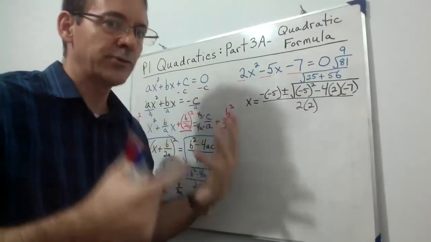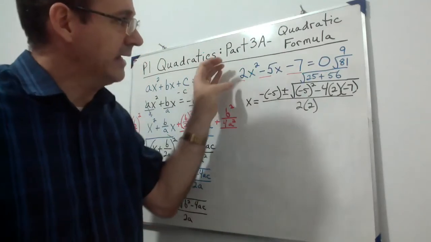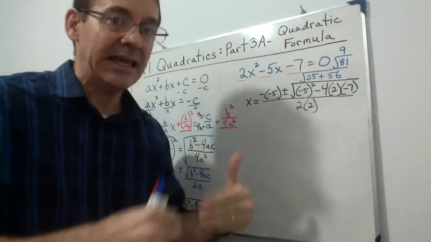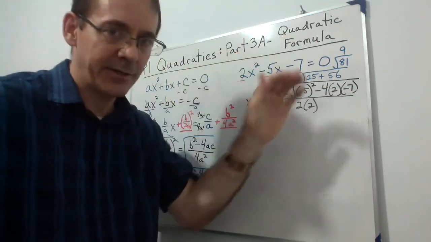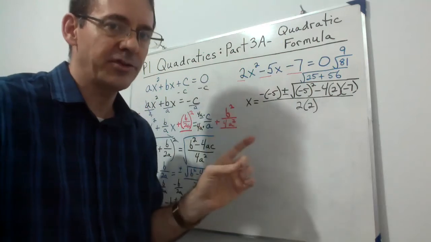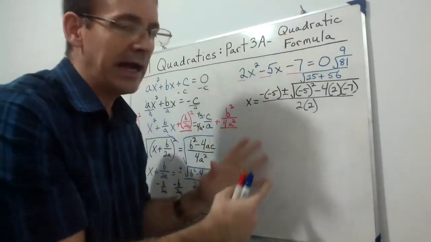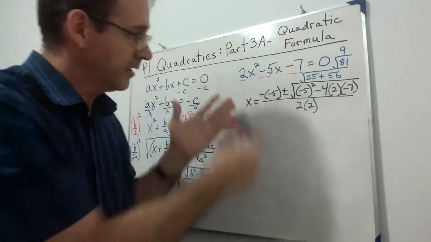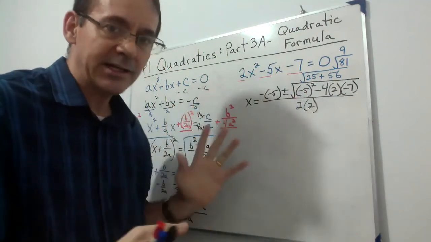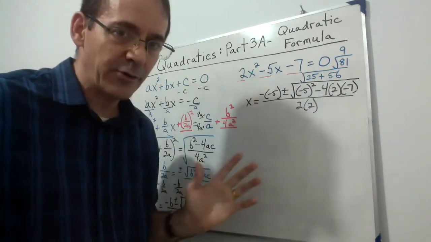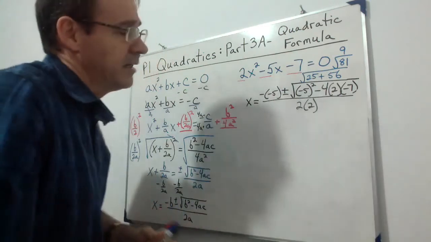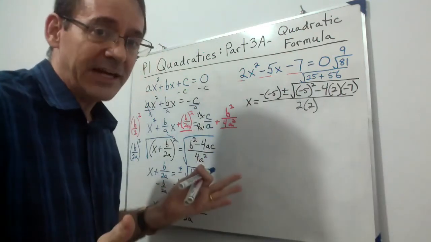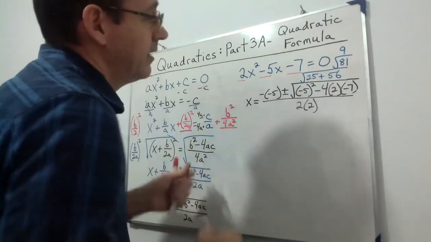They don't always recognize when a quadratic equation can factor. Factoring would have been the better method here. I specifically chose this just to show you how the outcome works. You can plug it in. Quadratic formula will solve all equations regardless of whether it factors or not. But factoring is faster.